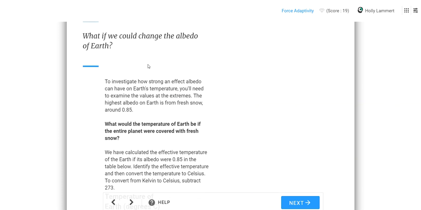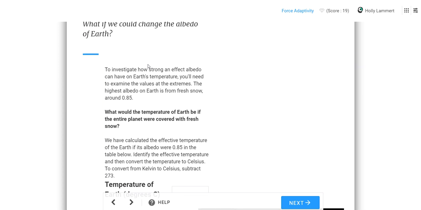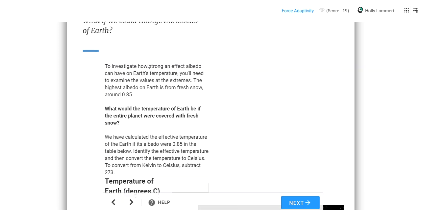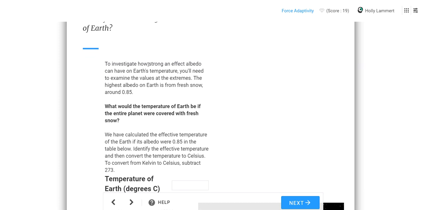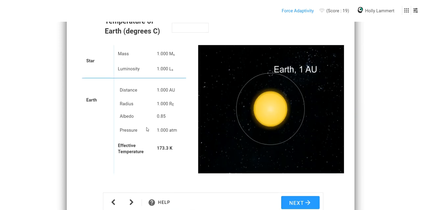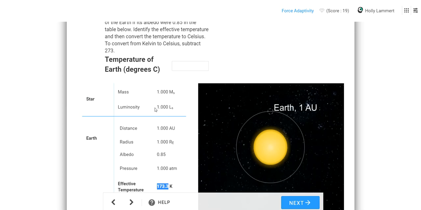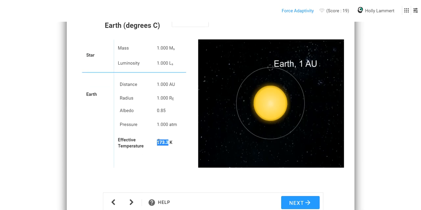All right, so now let's go to the other extreme of fresh snow, which is 0.85. What would the temperature of Earth be if the entire planet was covered in fresh snow? So we're doing the same thing here. We're taking this number and subtracting 273. So it's a little hard to do that, but if you go down, we got 273, right? So go down one and then down another.